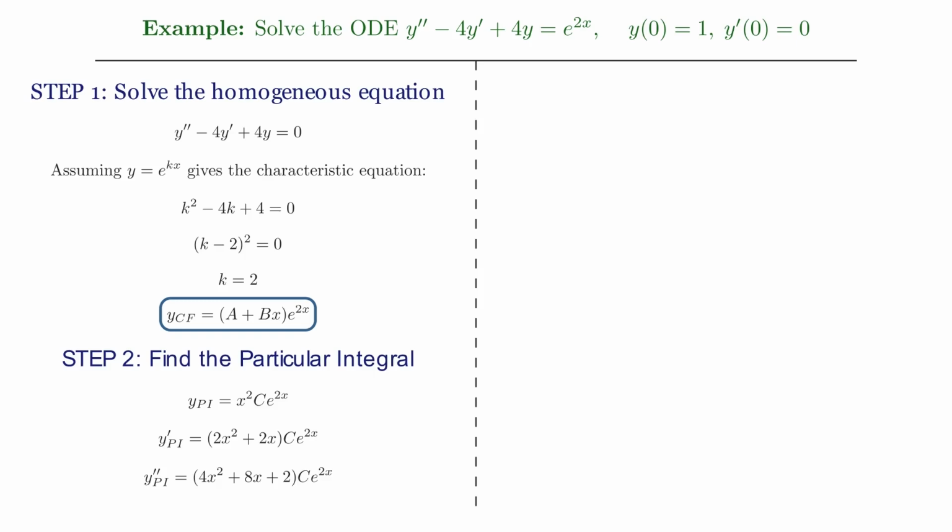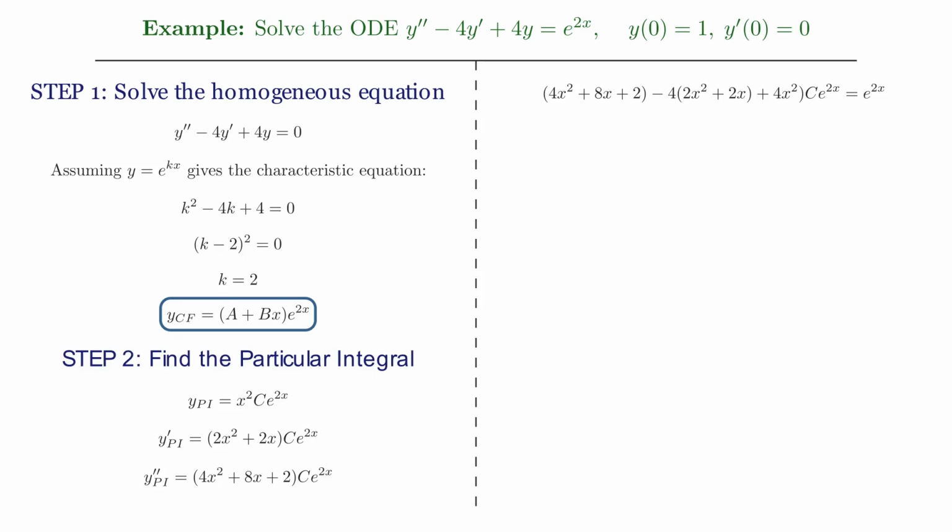Now we can substitute these into our differential equation, y'' - 4y' + 4y = e^(2x). This will simplify down to (4x^2 + 8x + 2 - 2x^2 + 2x + 4x^2) c e^(2x) = e^(2x).